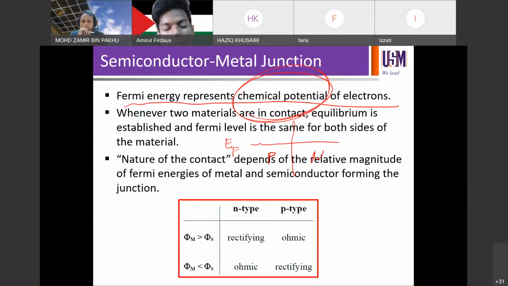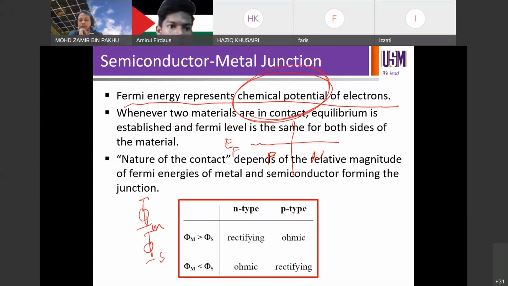A single chemical potential throughout the device. So in order for us to determine whether we're going to have ohmic contact or Schottky contact, it is dependent on the work function of both materials. The work function, phi, of the metal and the work function of the semiconductor material.